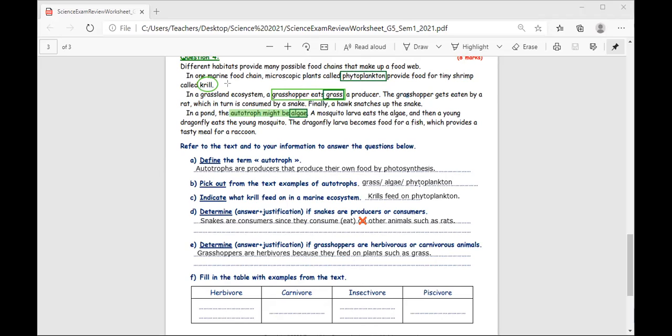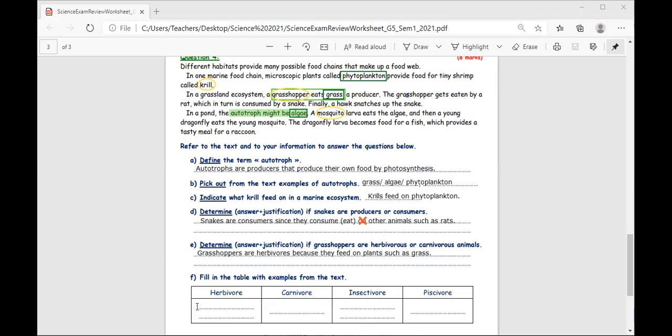The krill is the first herbivore since it eats phytoplankton. Where is the second herbivore? Who eats grass? The grasshopper is another herbivore. Who eats algae? The mosquito larva.